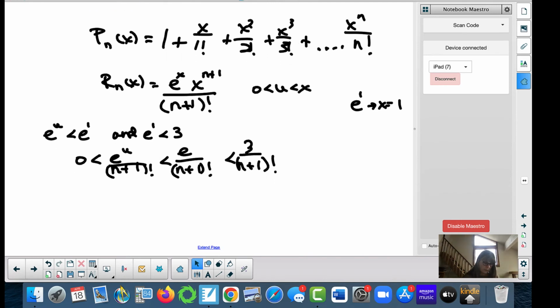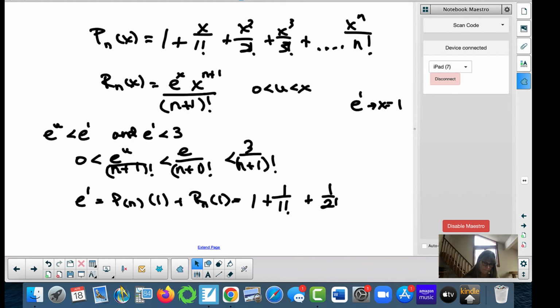So e to the 1 is going to be equal to that Taylor polynomial evaluated at 1 and the remainder. And that keeps going until we get to that e to the u.